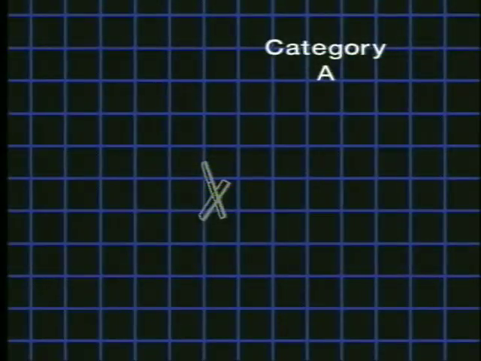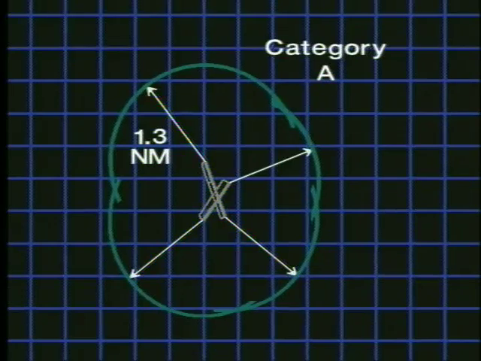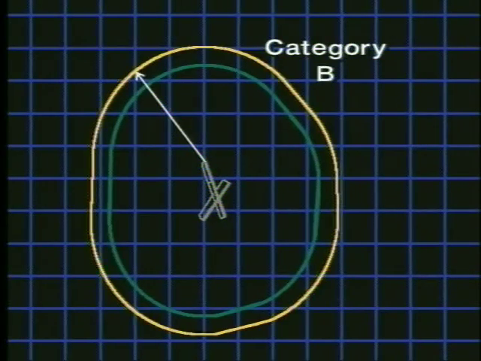For example, the protected area for a Category A aircraft is a 1.3 nautical mile arc measured from the end of each usable runway. It also includes the tangent areas. The area for Category B aircraft extends out to 1.5 nautical miles.